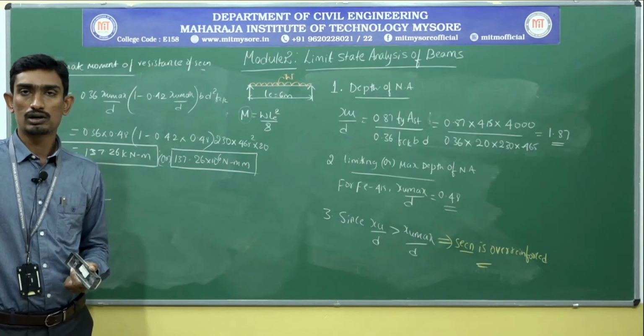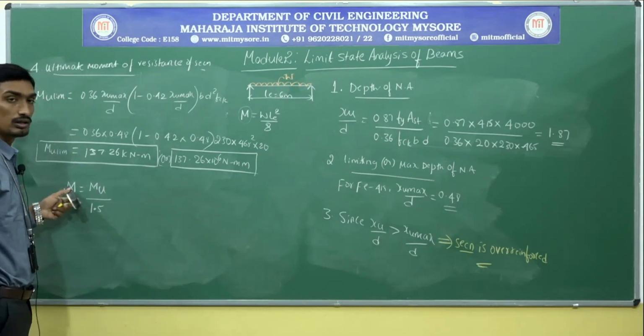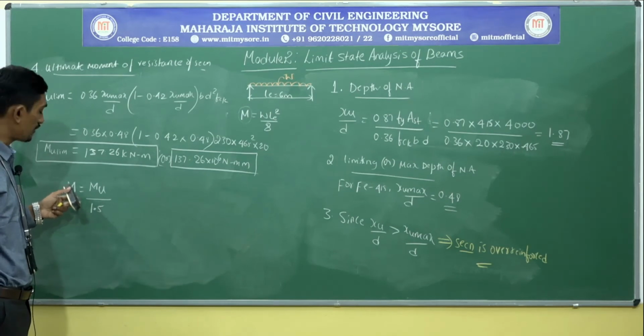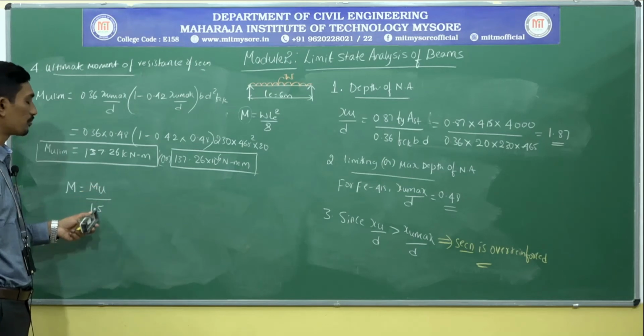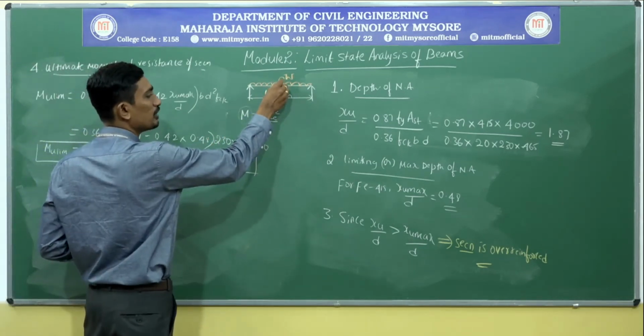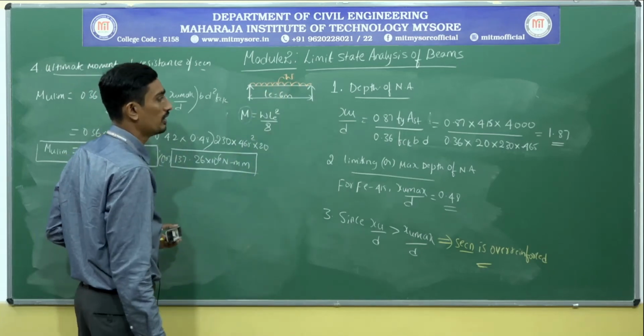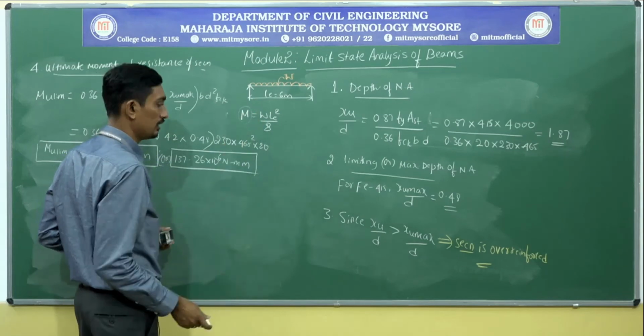Ultimate moment is given by 1.5 into the unfactored moment. Therefore, unfactored moment is equal to ultimate moment divided by 1.5, because whatever load you are going to consider will be unfactored load.